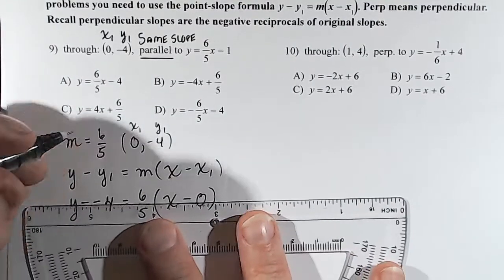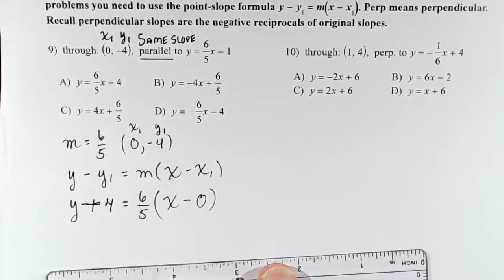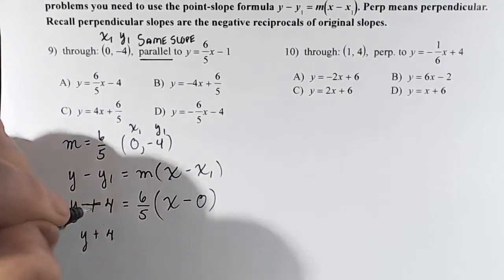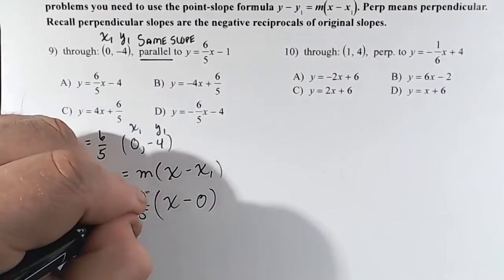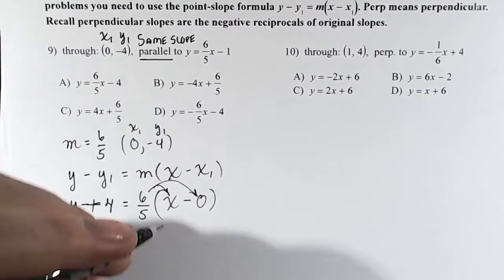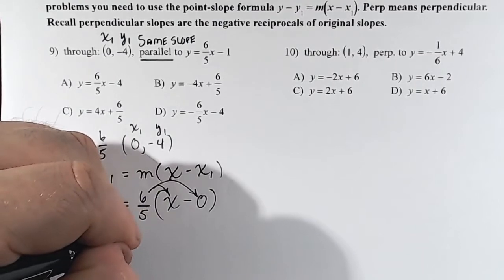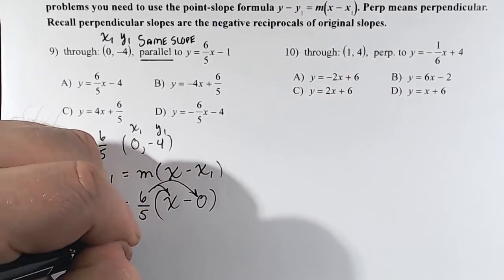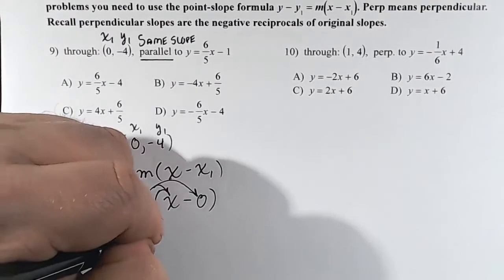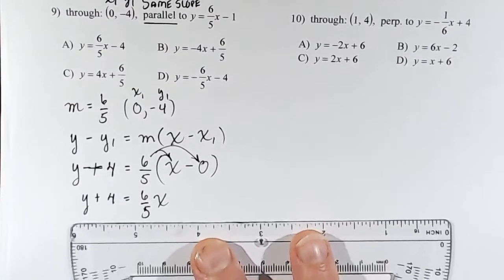Let's simplify this equation. Negative negative is a positive, so I have y plus 4 equals, and then I will distribute multiply here, and I don't even need to do the second distribution because it's 0. 6/5 times negative 0 is 0. I just have 6/5 times x, 6/5 x.